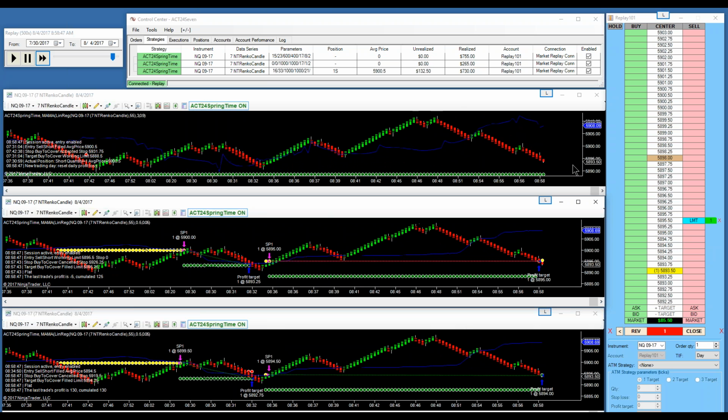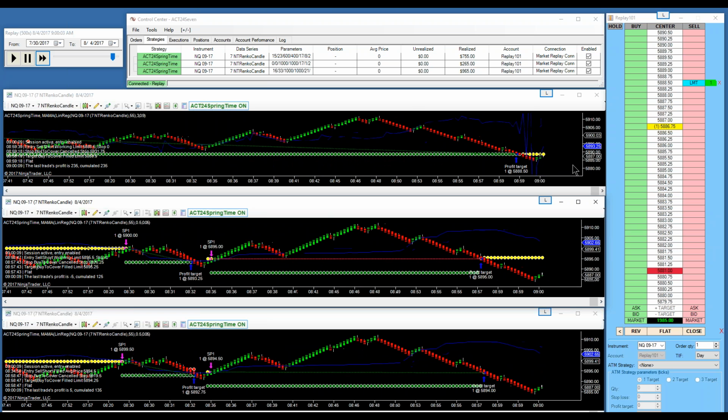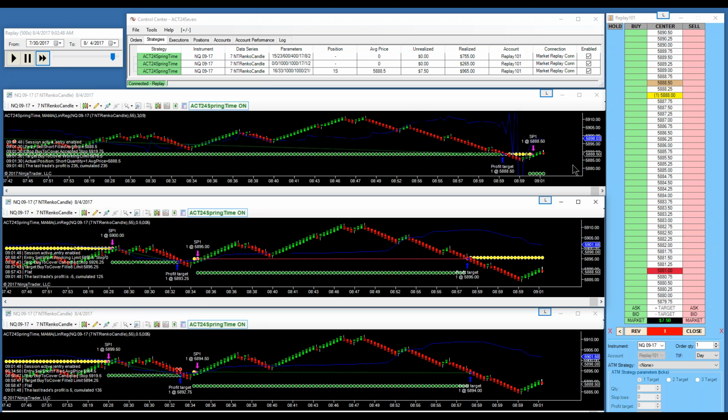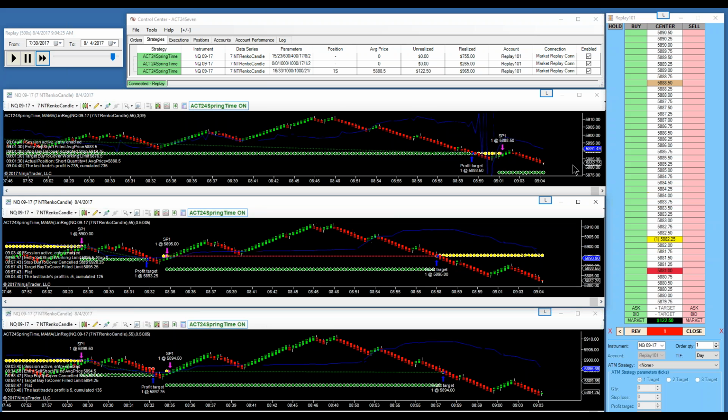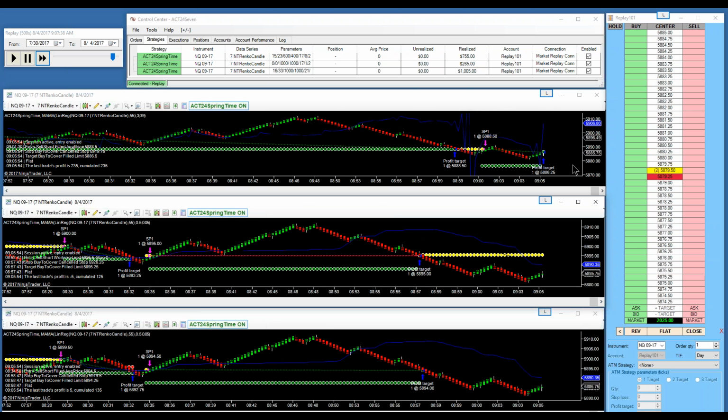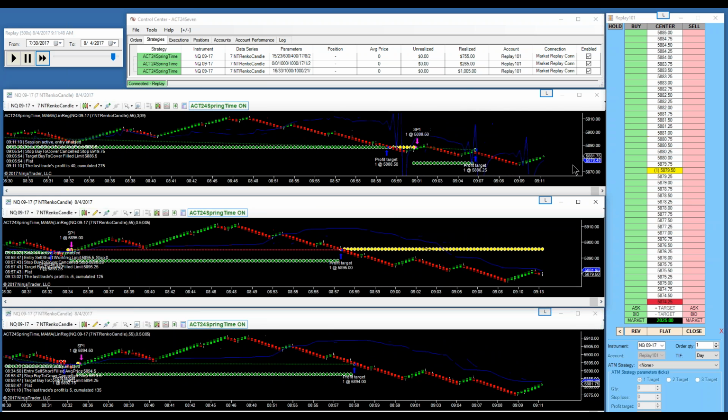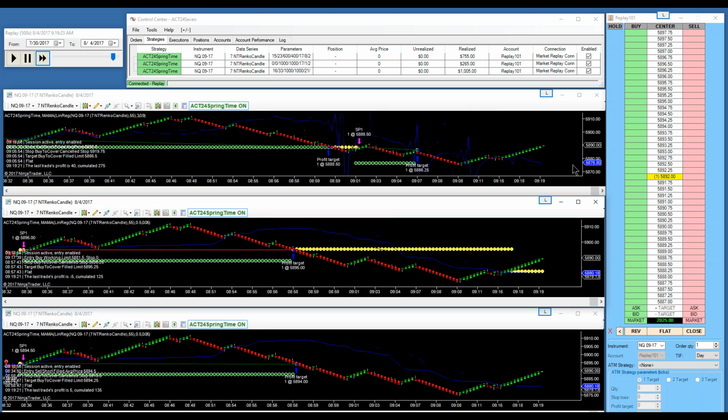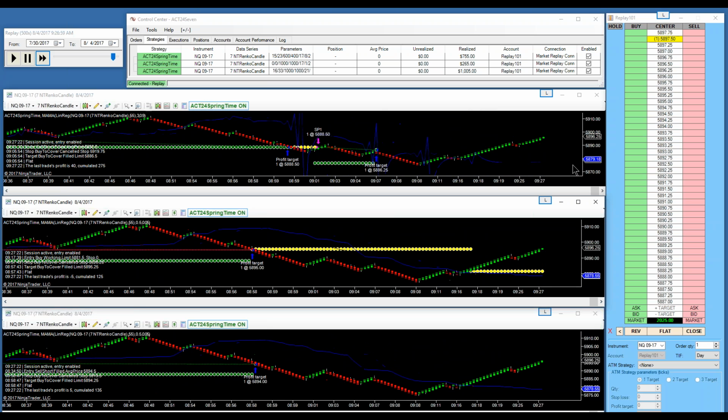Order filled. Order pending. Okay, you finally hit it. So you had 1 win there, and now it wants to trade again. And this time it was a break even or a small profit there.